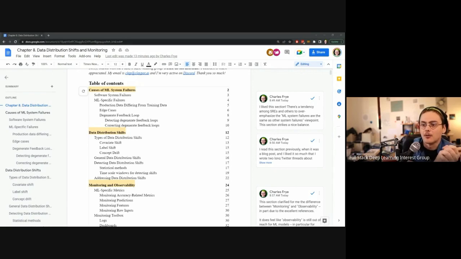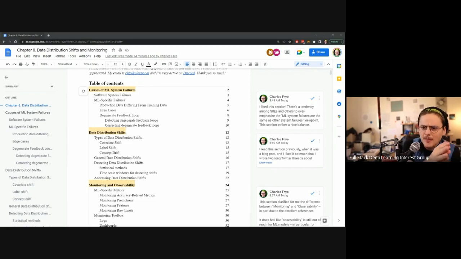And so we need to be able to extend our models to handle this non-stationarity of the real world, this change. So there's a big long section about different ways that data can change and the typology of ways data can change. That's a fun section. I'd love to talk about that more.